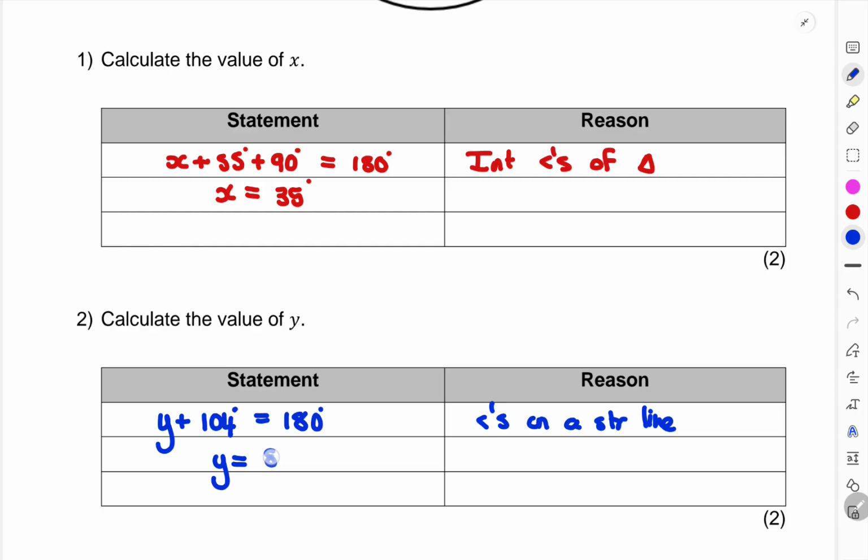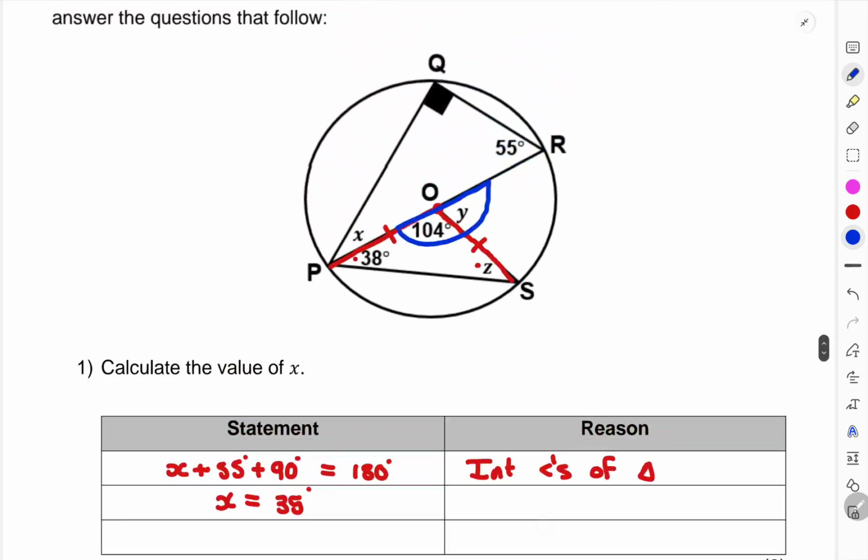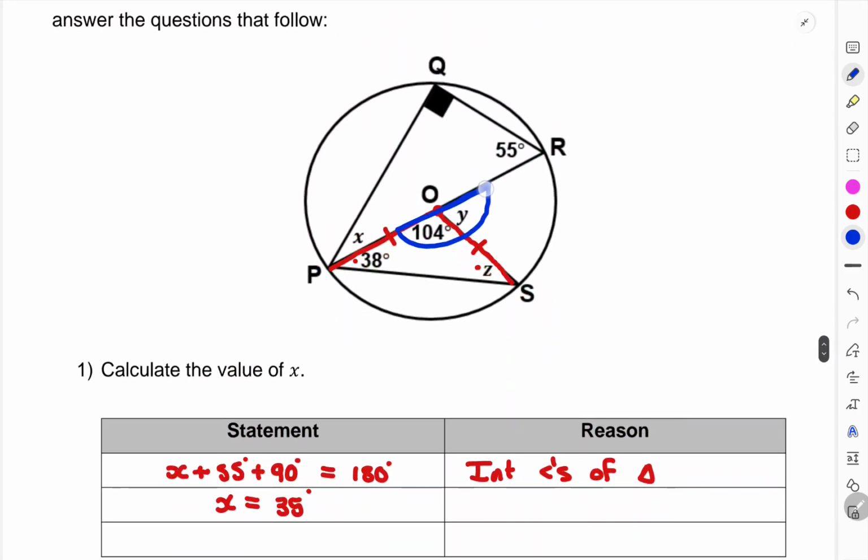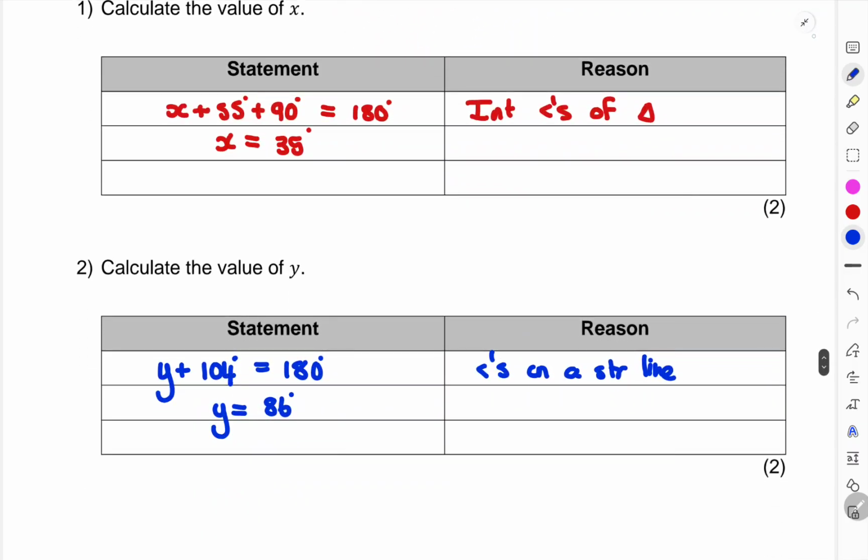Thus y is going to be 86 degrees. Okay, so can you see angles on a straight line? Y is equal to 86. Sorry, not 86, 76. Sorry. My calculations in my head let me down.